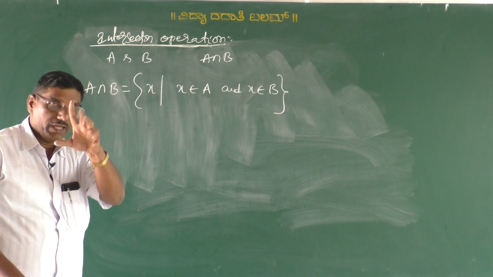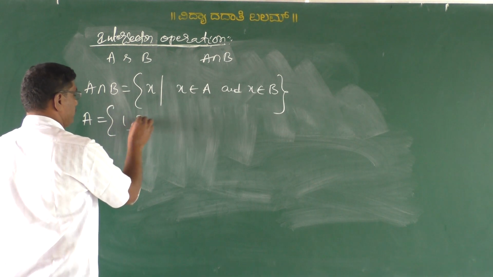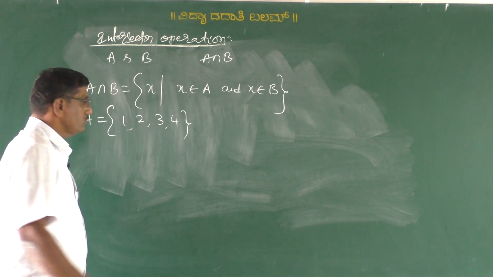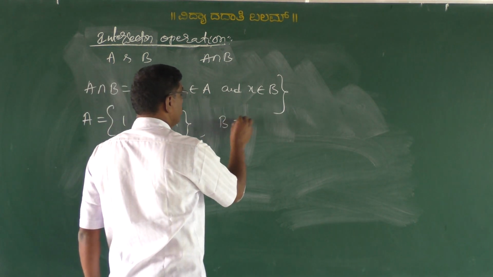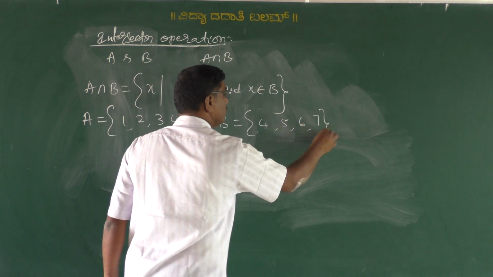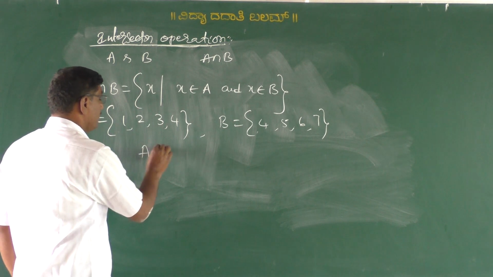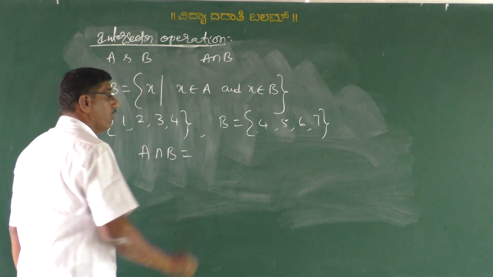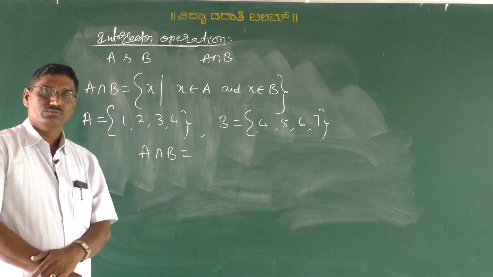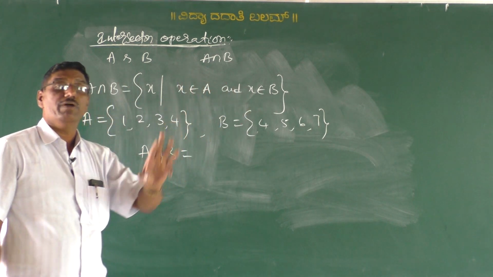Are you understood? Example: if I take A is equal to 1, 2, 3, 4 and B is equal to 4, 5, 6, 7, then A intersection B, we have to choose only the common element. Which is the common element here? 4 is the common element, my dear students.